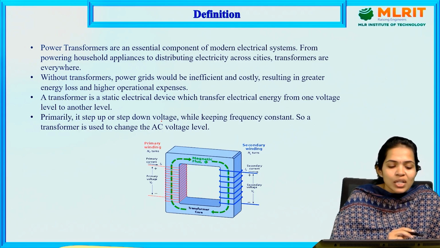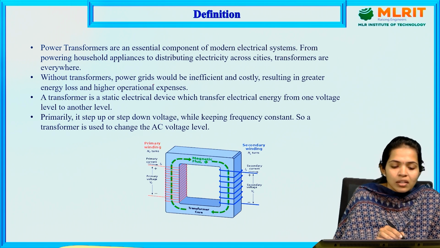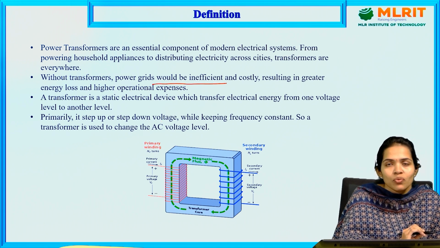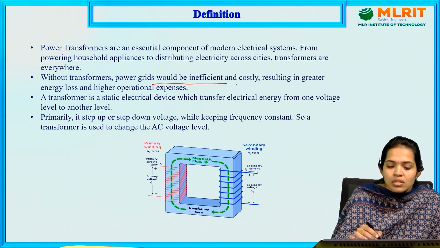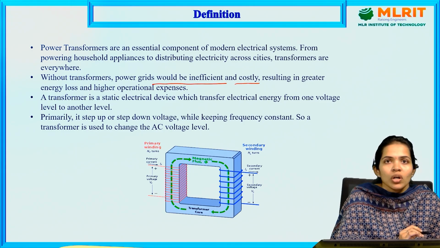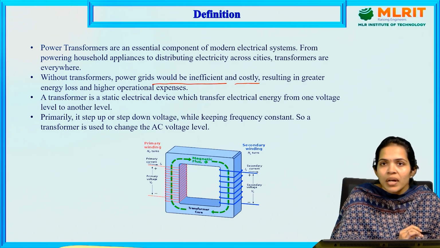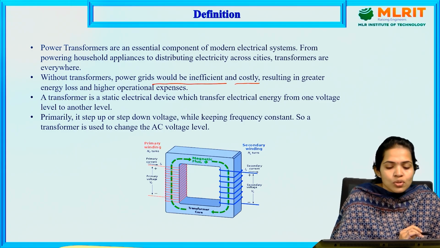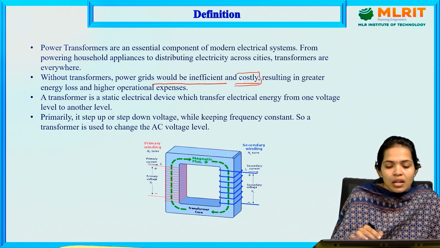Without transformers, the operation of the power grids would be inefficient, and it would also be costly. Why? Because transformers work on the basic principle of stepping up and stepping down of the voltages, so this cost term is involved.